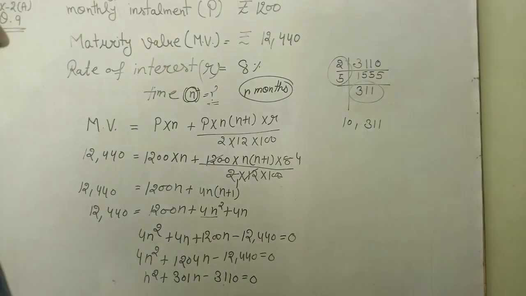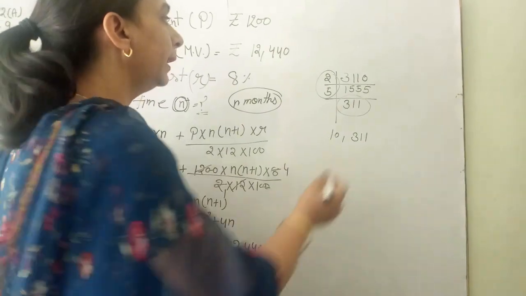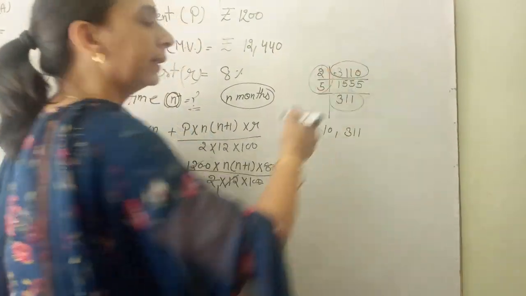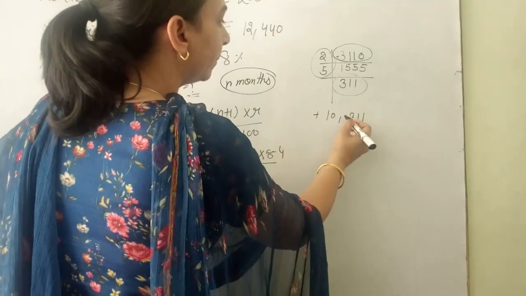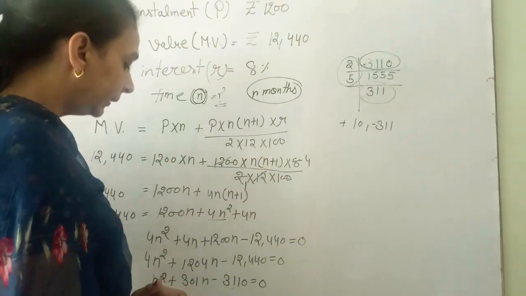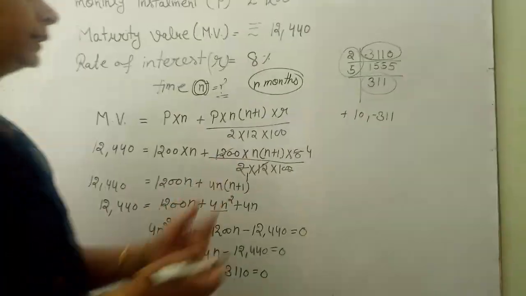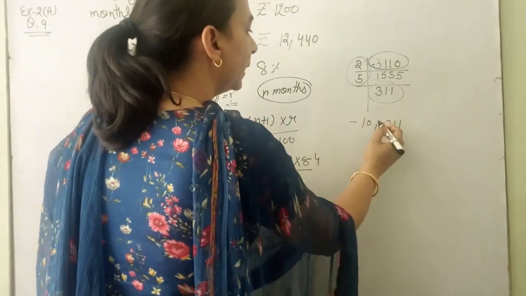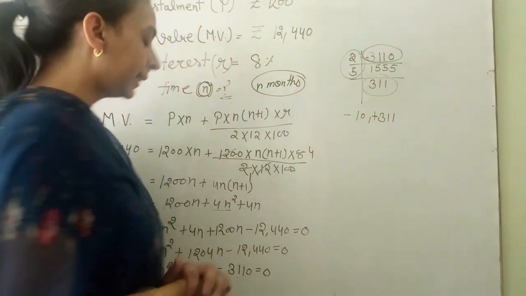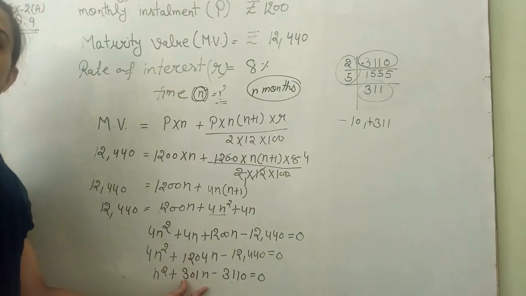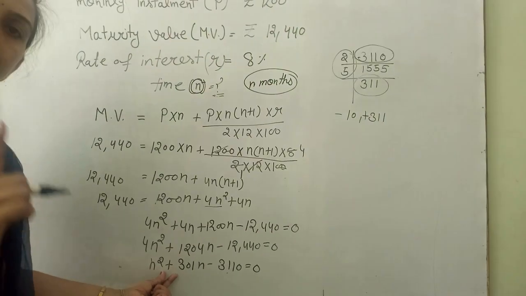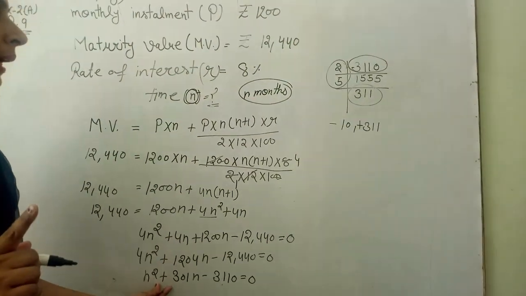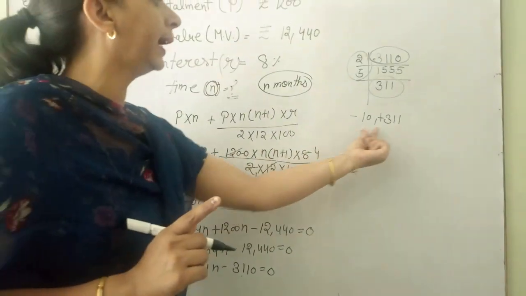If we multiply both, we get 3110. If we take 10 as positive and 311 as negative, then we have plus 311 and minus 10, and we get 301. One is positive, one is negative.